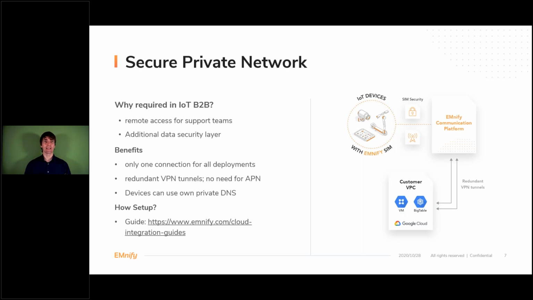Even if you already have routers or gateways in between, you would need to manage every connection between your VPC and the router. If you take the Amnify Cloud Connect, you basically just establish one connection and have access to all the devices that are behind all your routers.